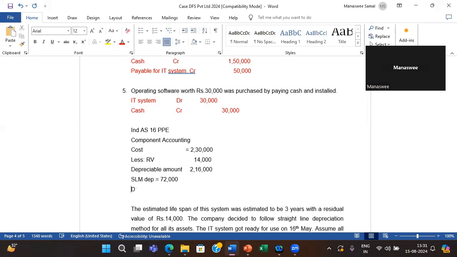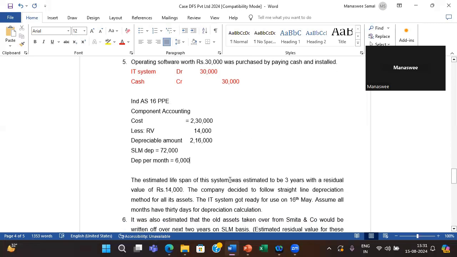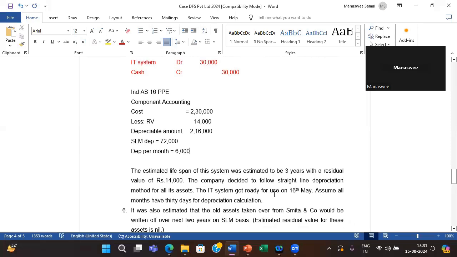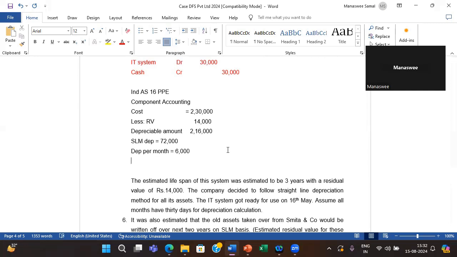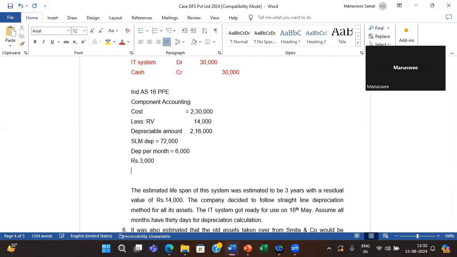That translates to depreciation per month of 6,000, again under SLM, right? Now let us take note that this asset got ready for use on 16th May, which means we are taking 3,000 rupees as the depreciation, okay?